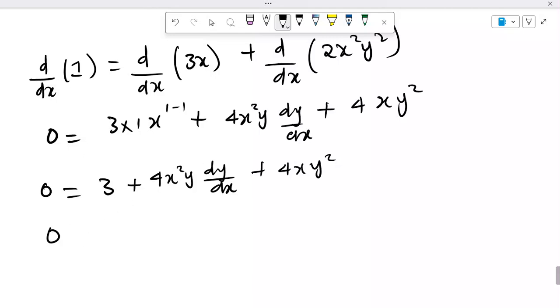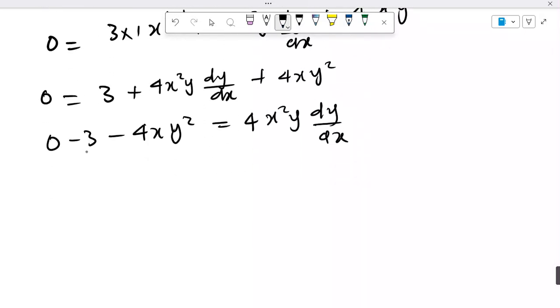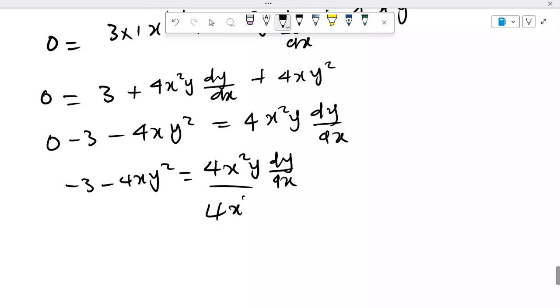So you have 0 minus 3, this when it comes here, minus this guy when it comes here, minus 4xy squared equals 4x squared y dy/dx. This is the same as negative 3 minus 4xy squared equal to 4x squared y dy/dx.